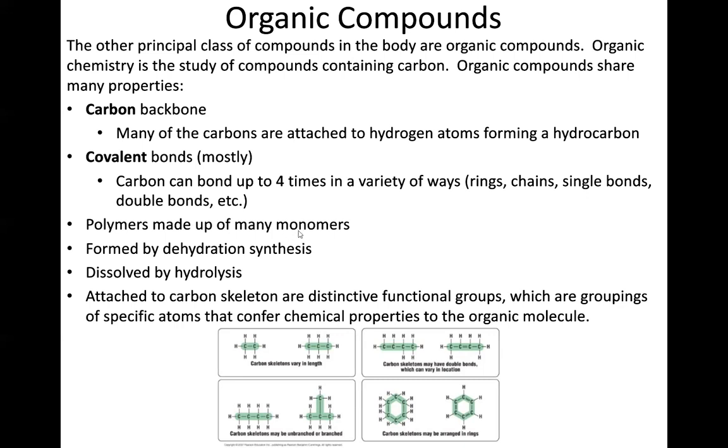So a monomer is like 1 brick. Poly means many. So a polymer is like the whole house itself, made up of hundreds or thousands of bricks, depending on how big the structure is. Well, you build a house out of bricks by starting with one brick, bonded to another, and then bonded to another. That's how we form organic compounds.